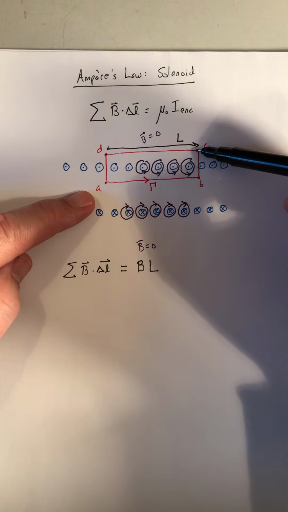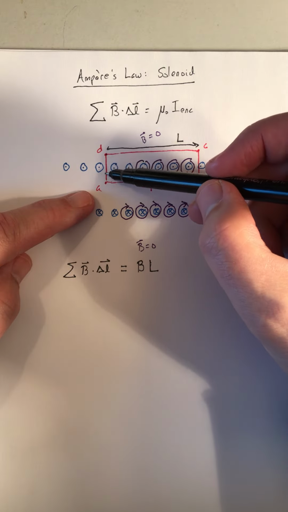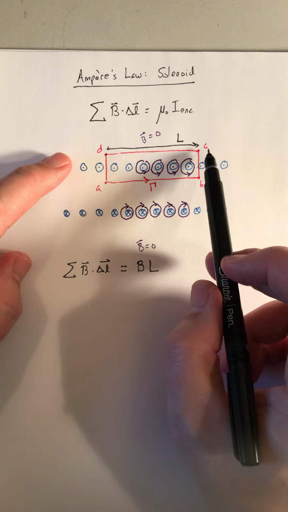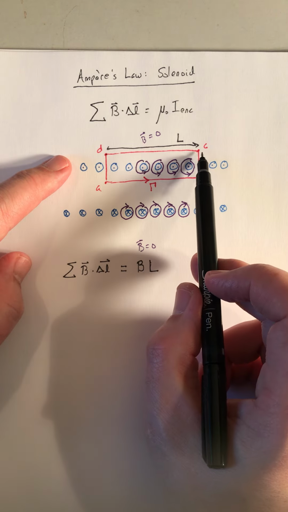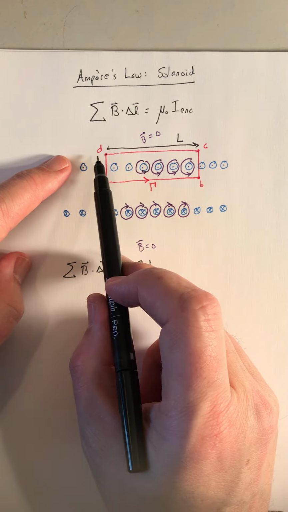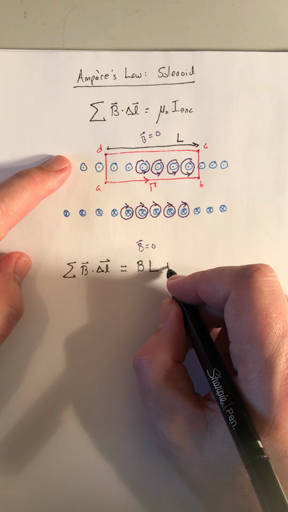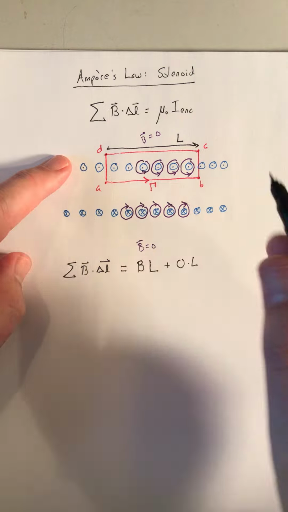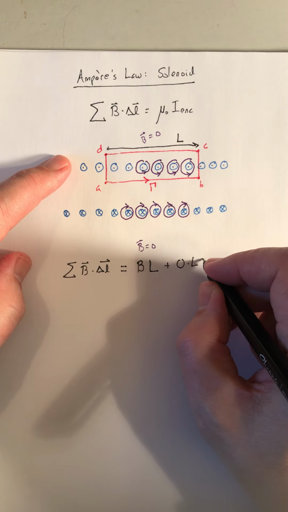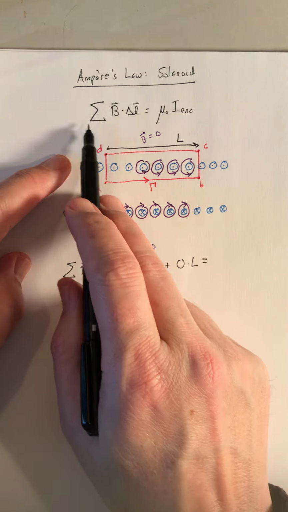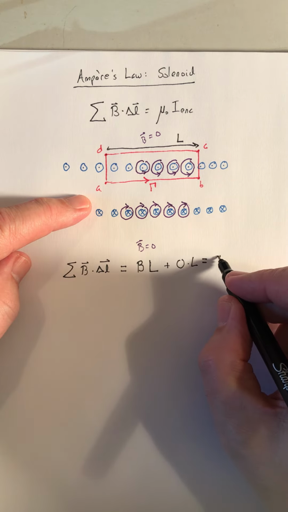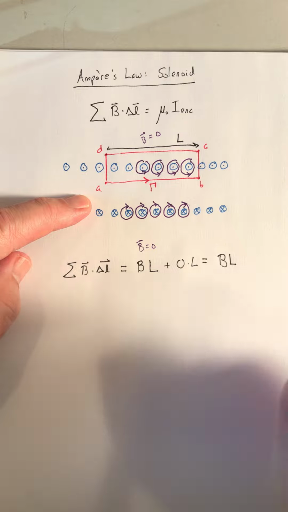So whatever the contribution is along here is canceled from D to A. And then the last side, as I go from C to D, it's also of length L, but there the magnetic field vanishes. So everything from the left-hand side of Ampere's law is just going to give me magnetic field strength times L.